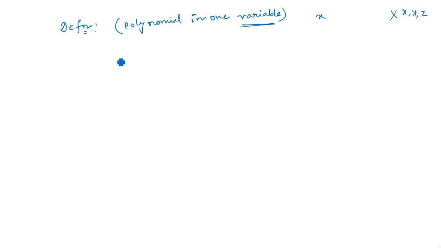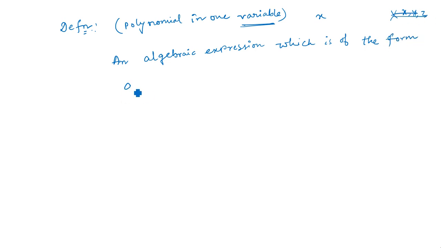It is basically an algebraic expression. We know various kinds of algebraic expressions, right? A particular form of algebraic expression is of the form a naught plus a1x plus and so on plus an x to the power n.